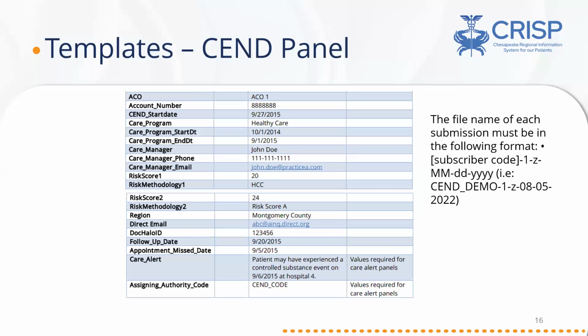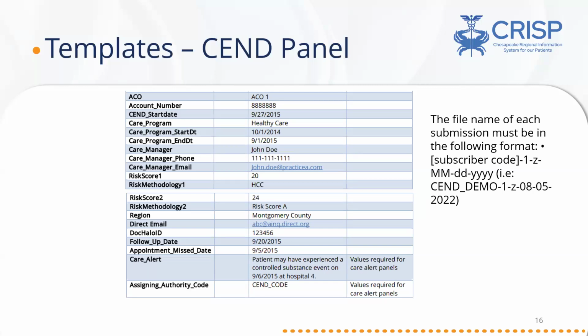pieces of information here, but essentially this is the file format that we ask all of these files to be saved in. So we ask you to use your subscriber code, which is the unique code that signifies your panel for your organization. The number 1 with some slashes and Z, and then the date in which you are uploading the panel.